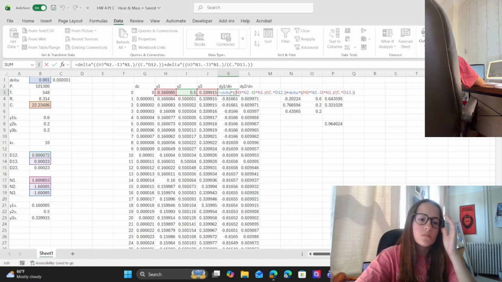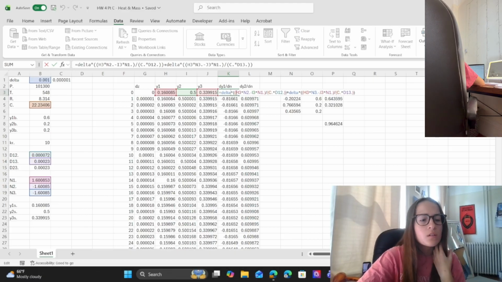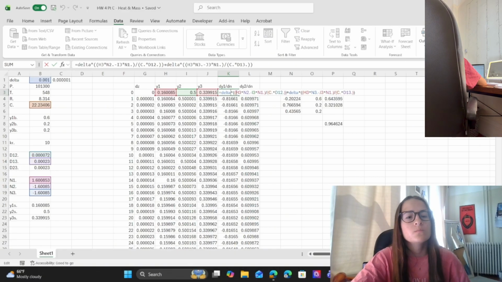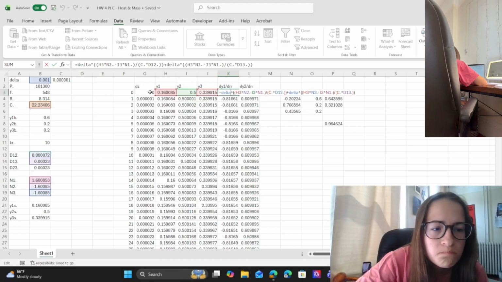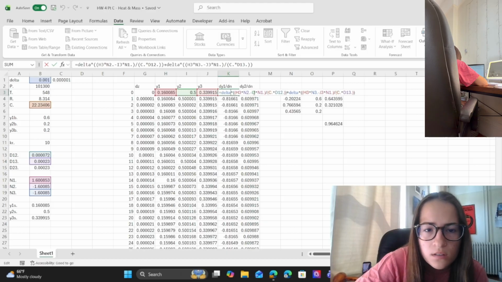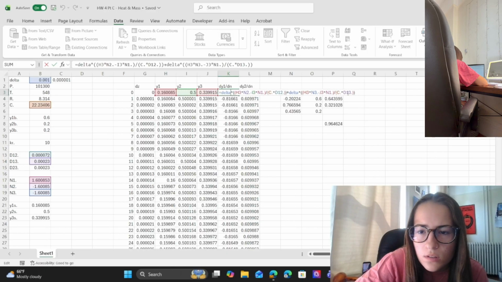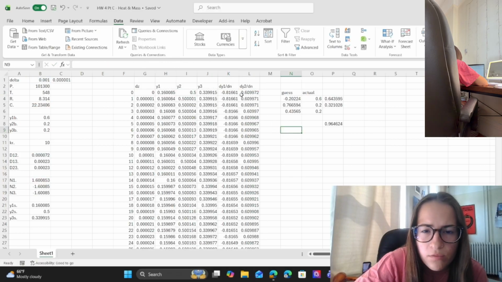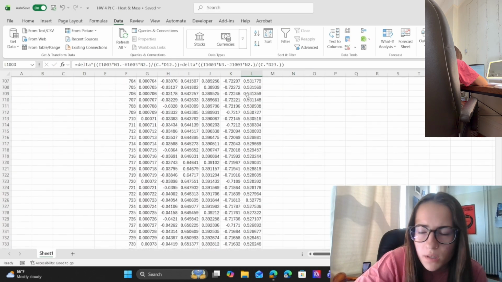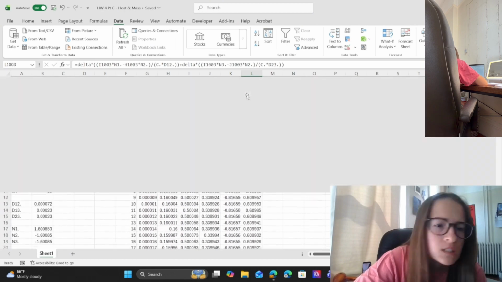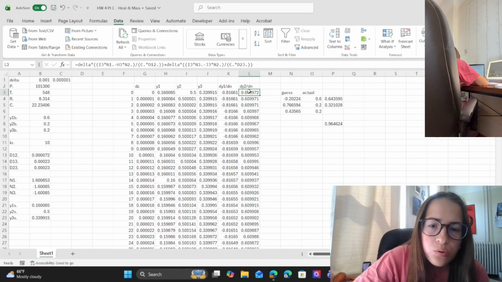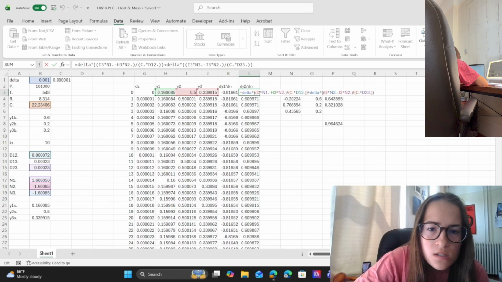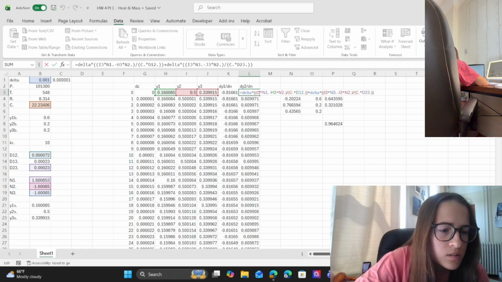Delta times 2 minus 1, C 1 2 plus delta. Okay, I think that should be fine. Oh my gosh, why does this keep doing this? Okay, and then this should be fine.